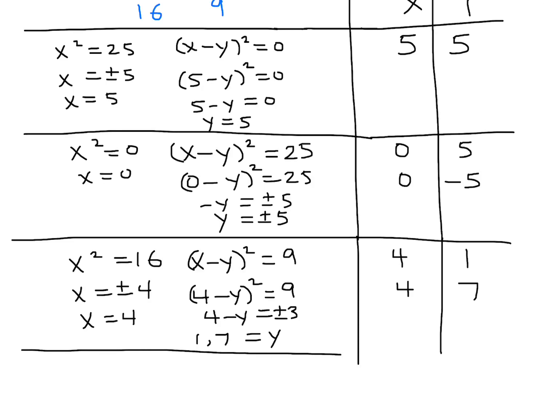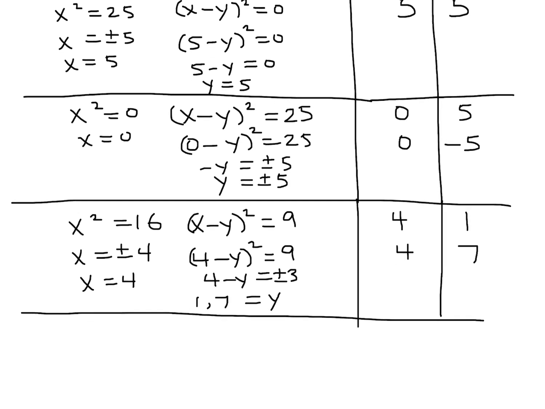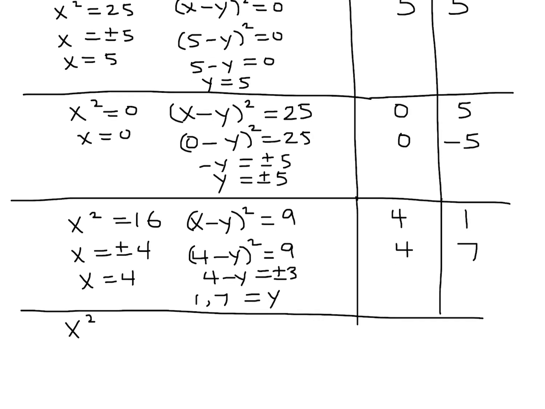And finally, we have this scenario here, 16 and 9. So x squared is equal to 9. X is equal to plus or minus 3. X is equal to 3 because x cannot be negative.